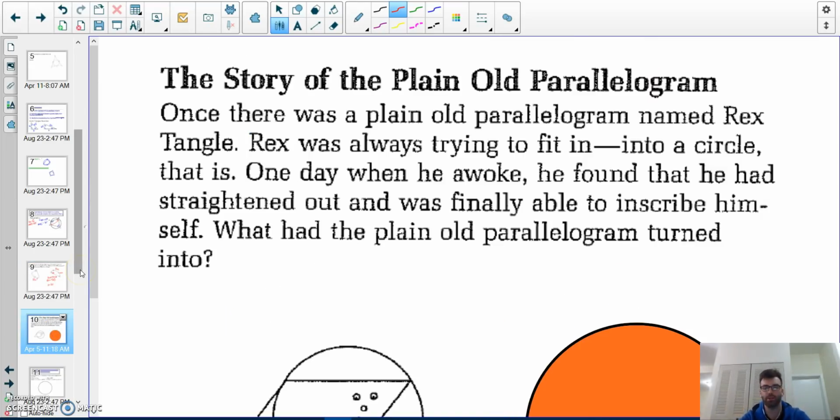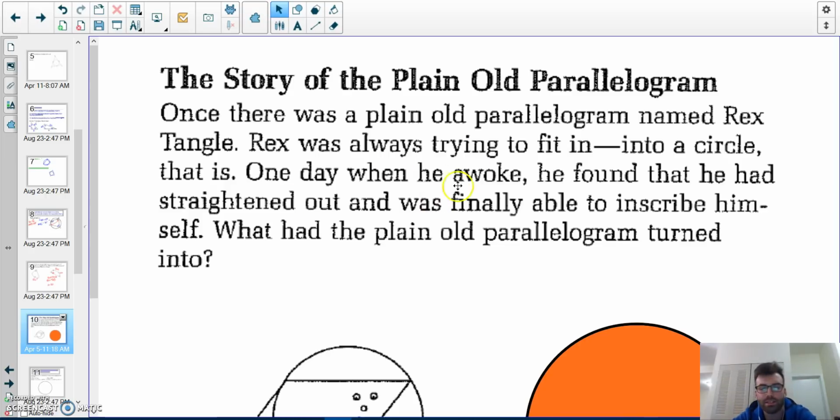Little story time here. Story of the plain old parallelogram. I want you to think about this little plain old parallelogram here. Once upon a time, there was this plain old parallelogram named Rex. Rex was always trying to fit into a circle, that is.